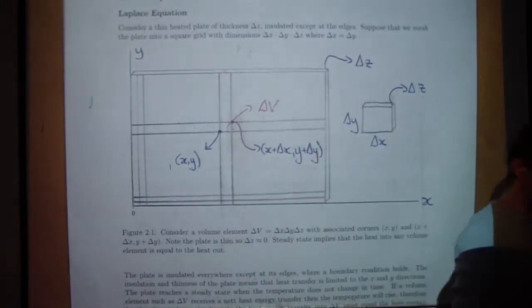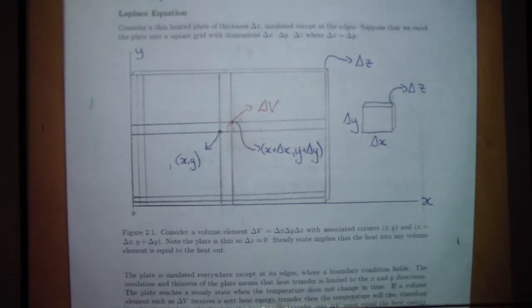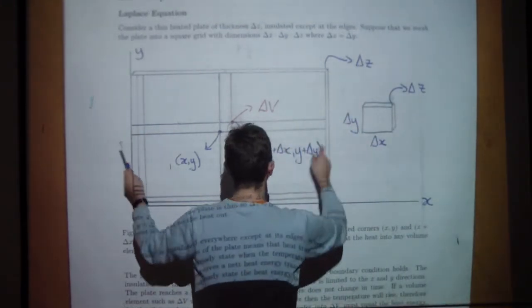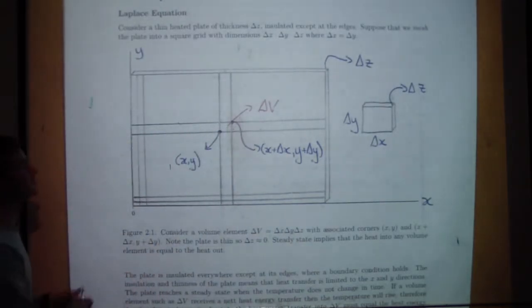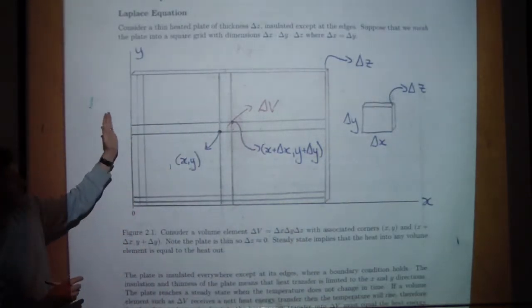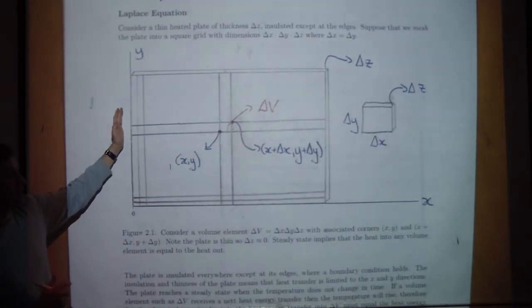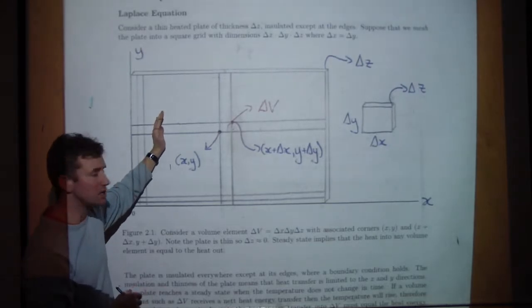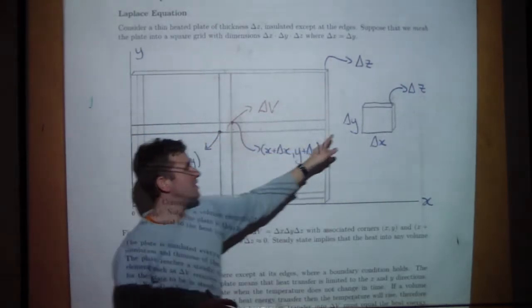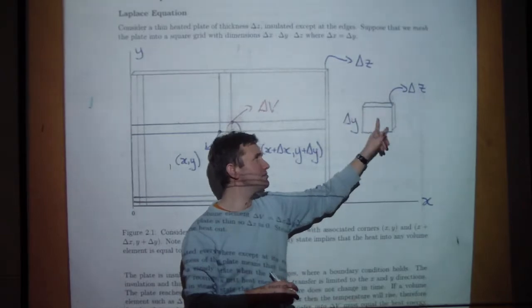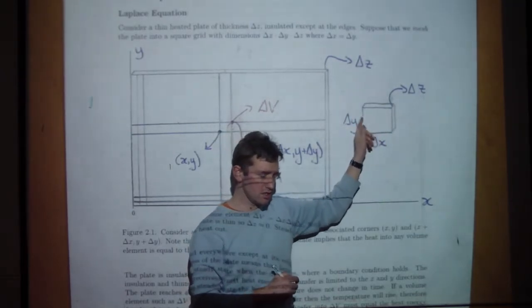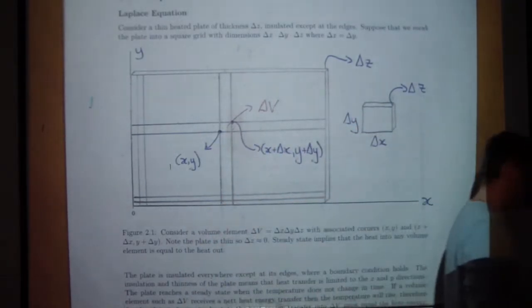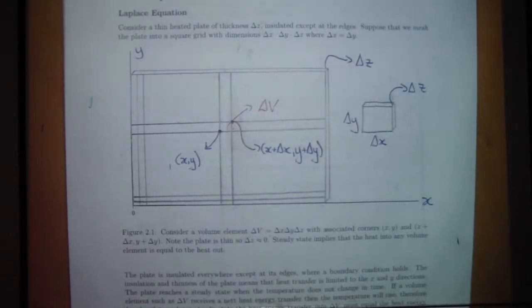If you start the plate at 0 degrees, and let's say this edge is 100 degrees and this is 0 degrees, what's going to happen? If this is initially 0, you're going to get heat flowing from the hot temperature to the cold temperature, and as the heat flows in and hits this little volume element here, the temperature of this is going to rise. This is going to keep happening for a while, and that is called the transient state.